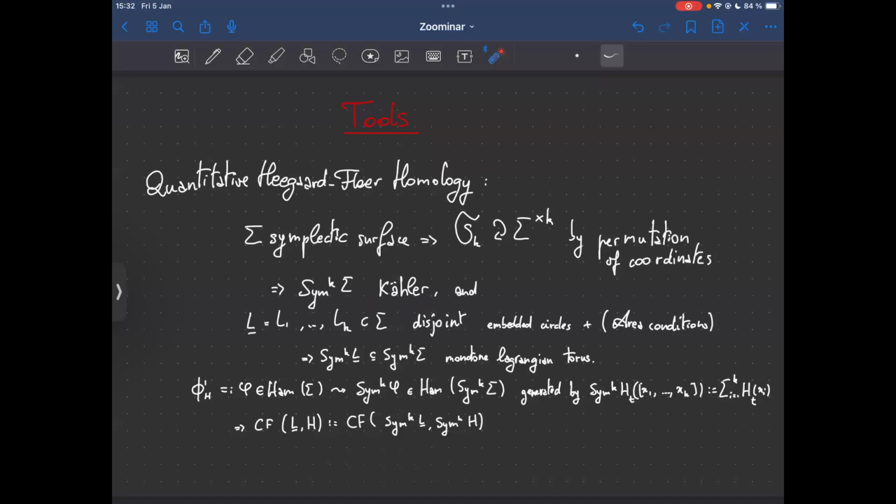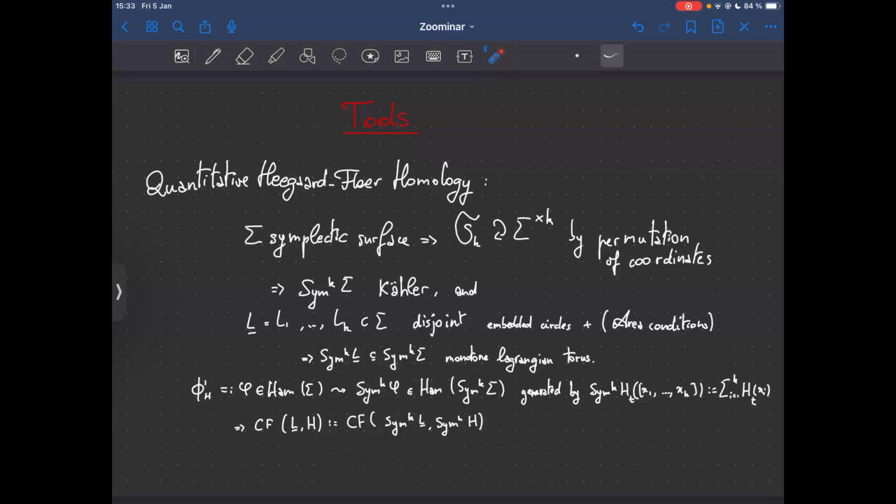And last ingredient, if we take a Hamiltonian diffeomorphism phi of sigma, if sigma has boundary, we have to assume that it has compact support. If phi is generated by a certain Hamiltonian H, we can define Sym^k of phi, a Hamiltonian diffeomorphism on the quotient, generated by the symmetric product of the Hamiltonians. So we're just going to sum Hamiltonians at every point of the tuple.